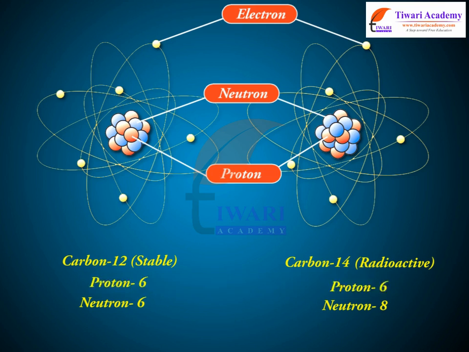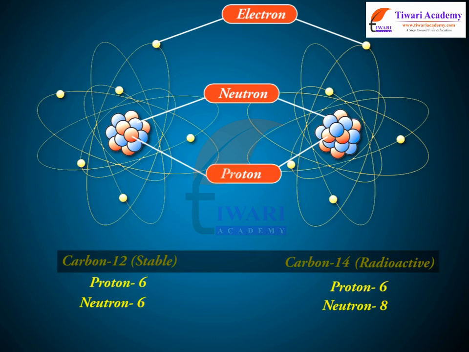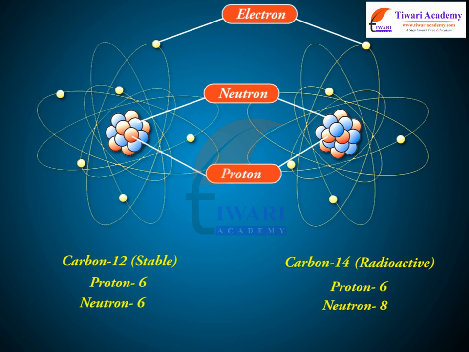Isotopes are atoms with the same number of protons but a different number of neutrons, such as C12 and C14. Isotopes of an element exhibit the same chemical properties but differ in mass.